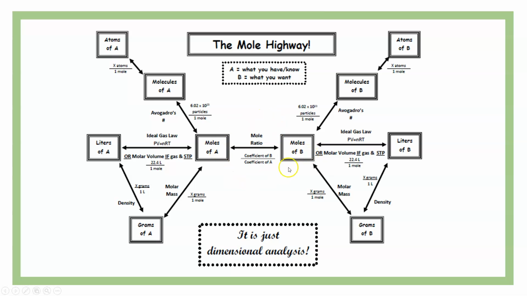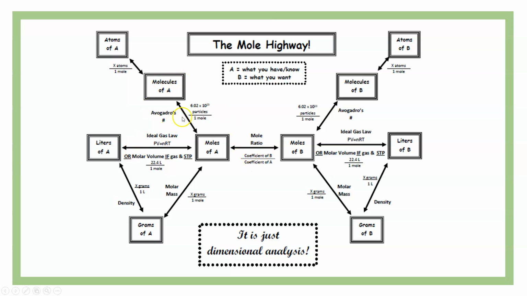And right smack in the middle, right in the halfway point, is our new special magical thing, the mole ratio, right? And if you notice, if you ever want to convert from one substance to a new substance, you can't get there unless you go through that mole ratio using your balanced equation. That's where these numbers come from, okay?